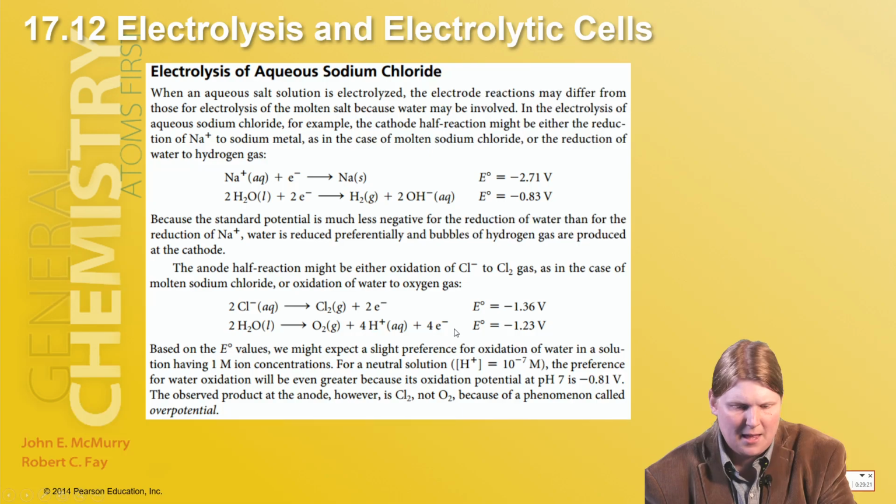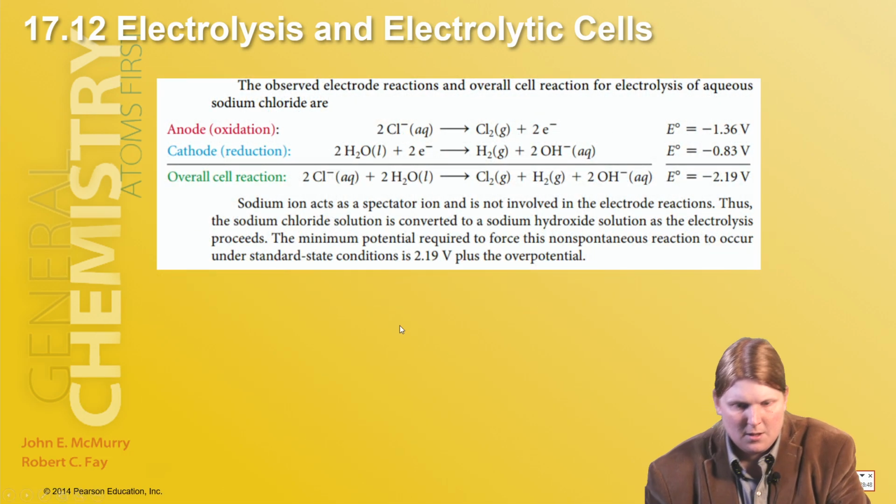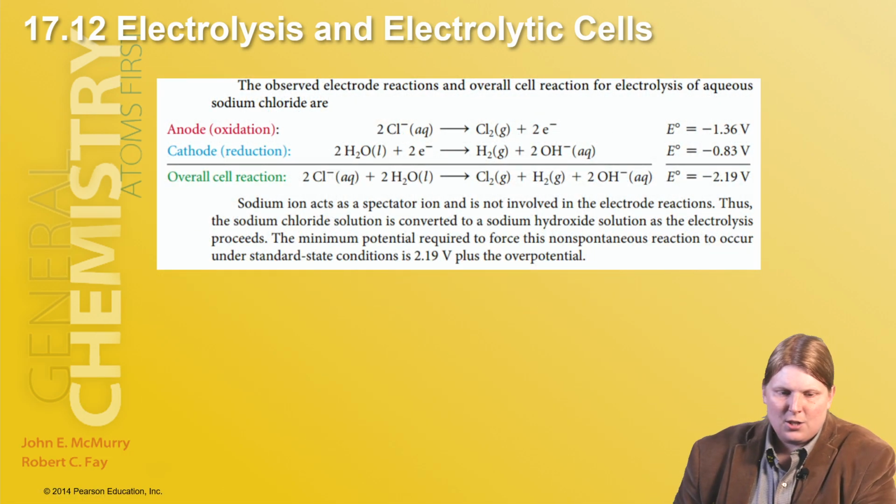The text doesn't say that, but it does seem so. It can be more difficult, from a kinetic standpoint, for reactions that need a lot of electrons transferred, like 4 here, compared to these, to reach the electrode and react. As long as these voltages are not hugely different, sometimes you'll get one or the other as a predominant reaction. So they say here, this is the real reaction that ends up happening.